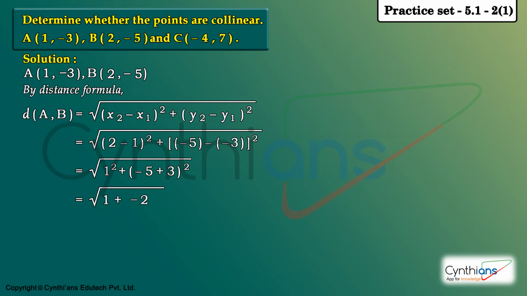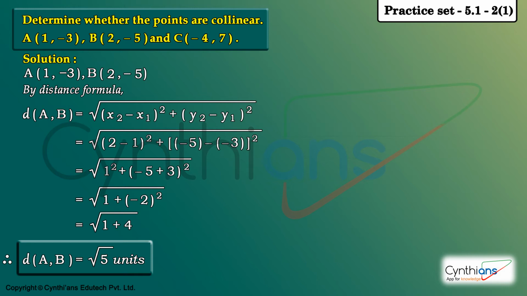So this is minus 2 the whole square. Now in the next step, square root of 1 plus minus 2 the whole square. What is it? It's plus 4. So this is square root of 1 plus 4. The distance of AB is equal to square root of 5 units. Mark it as equation number 1.